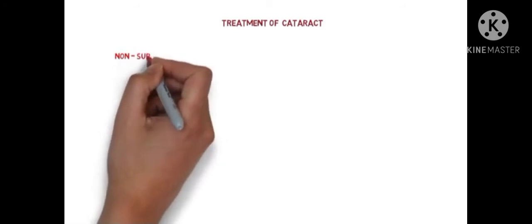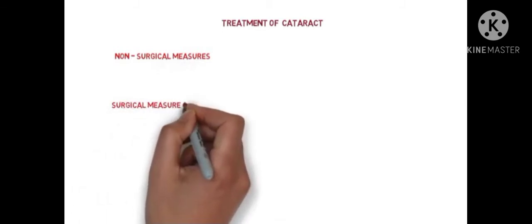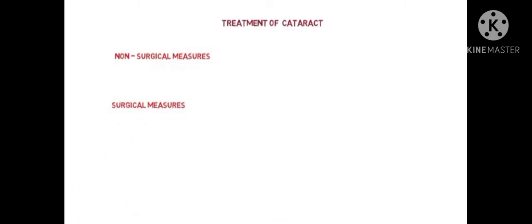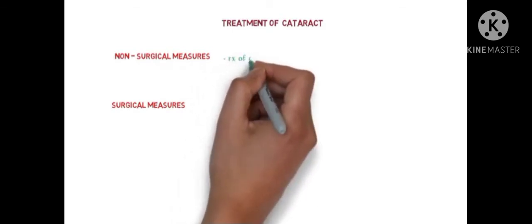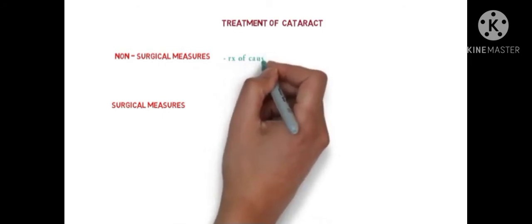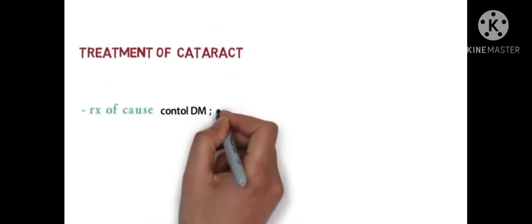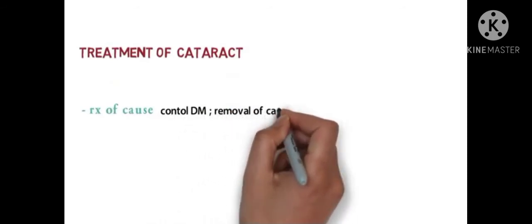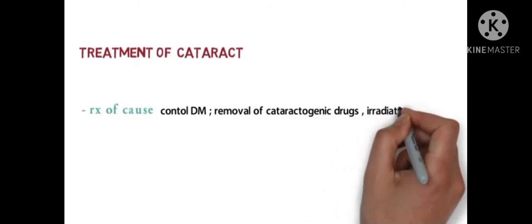Okay, so for management of cataracts in adults, we have two measures. The first one is non-surgical measures, while the other one is surgical measures. In non-surgical measures, we can delay or even stop the progression by treating the cause, for example adequate control of diabetes mellitus, removal of cataractogenous drugs, or removal of irradiation.